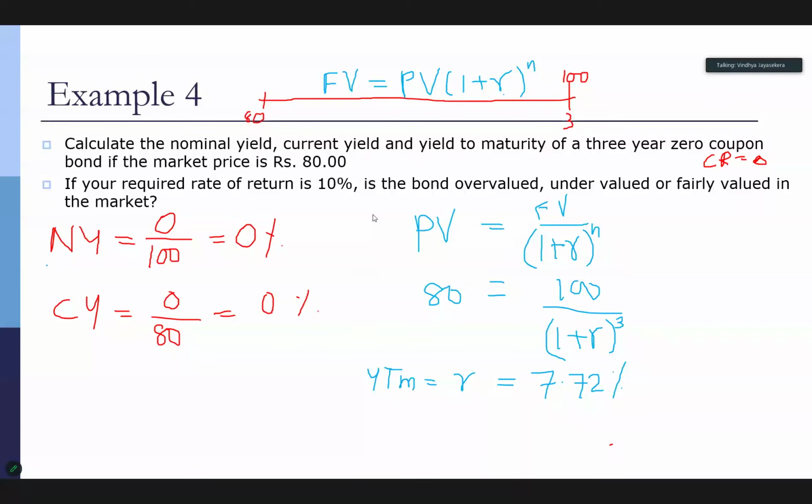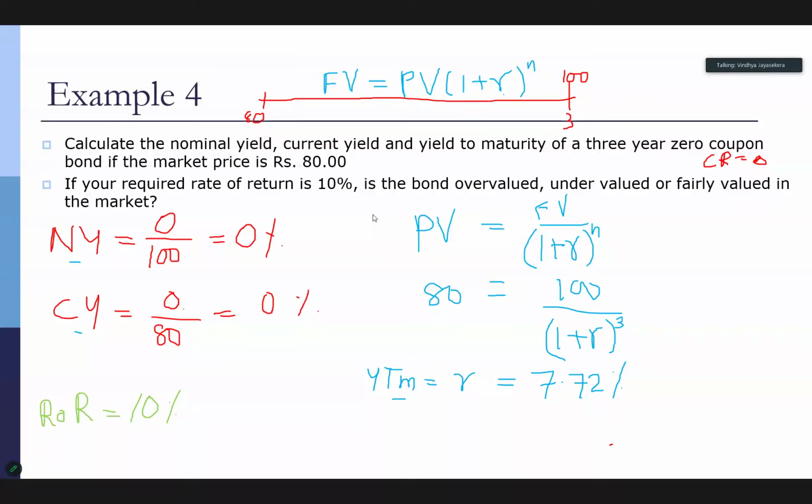So now that I know nominal yield and current yield and yield to maturity, I can compare it against my required rate of return. My required rate of return is 10%. And I said earlier that the correct yield to compare is yield to maturity.